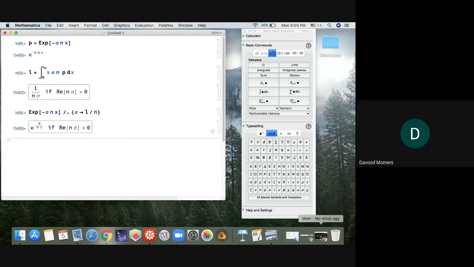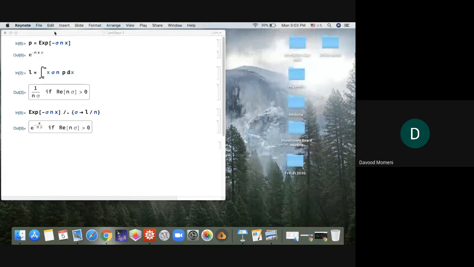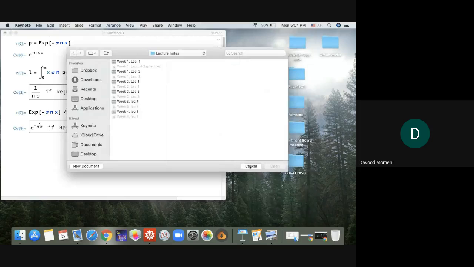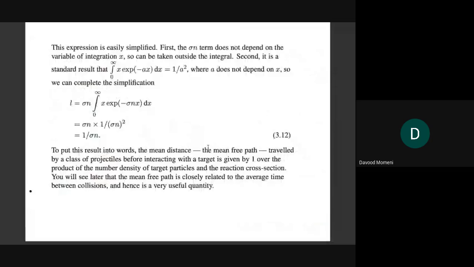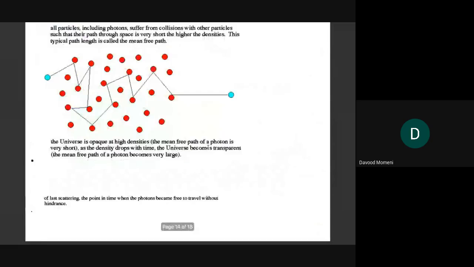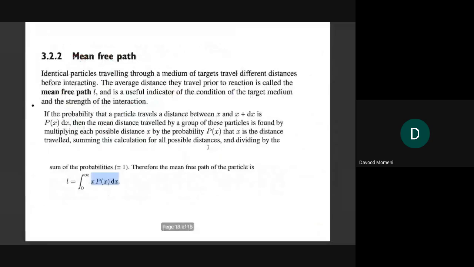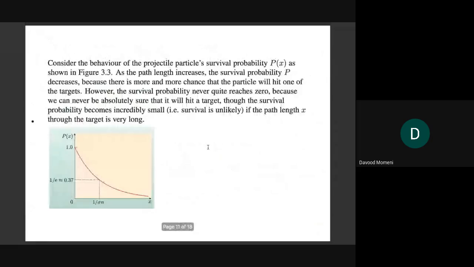So the other thing in the slide: I told you that we had this quantity when you want to calculate the survival probability. When you calculate the survival probability, you end up with these expressions.